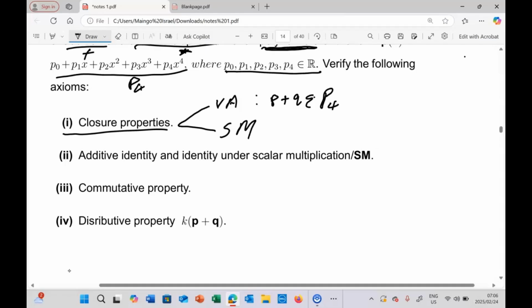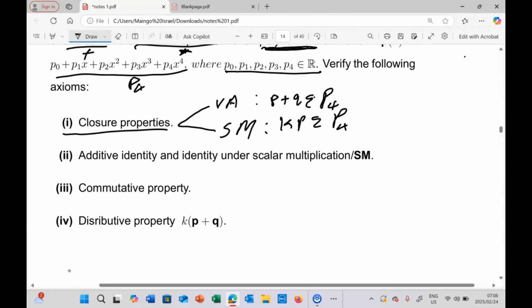That's what we'll be proving under the closure property under vector addition, and under closure under scalar multiplication we'll be proving that kP also belongs to P4. One can also say Pk, it's not a problem, but specifically we're talking about polynomials of degree 4 and less.